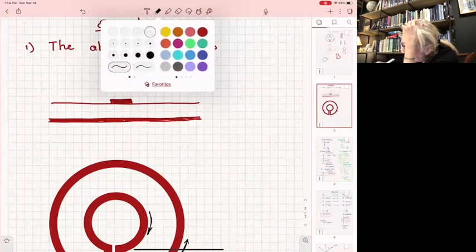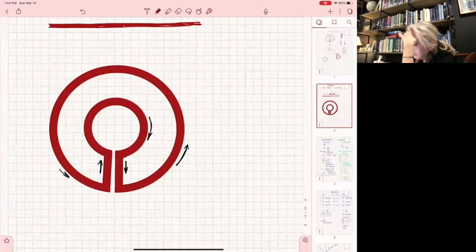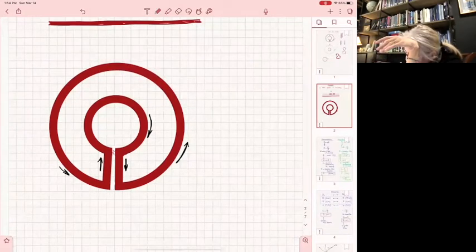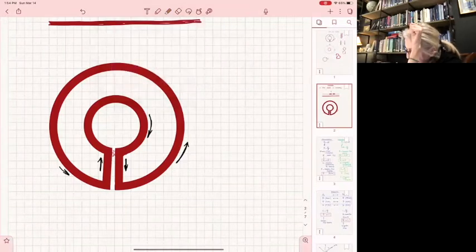It is true that the field in between is going to be so concentrated, the lines will be so concentrated, that practically the only place where there is a magnetic field is here.